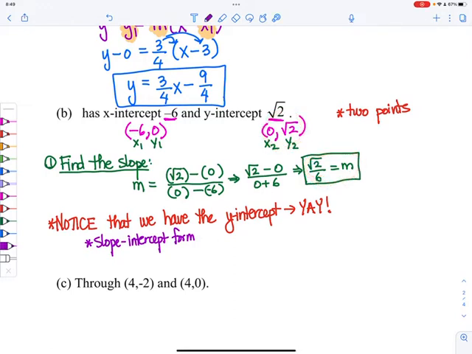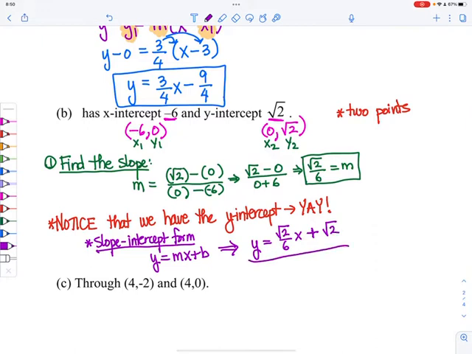So that's what I'm going to use. I've got y equals mx plus b. That's the slope-intercept form, but let's plug in what we've got. We'll have y equals square root 2 over 6 x plus the y-intercept, which is square root 2. There's our equation of that line that goes through those 2 points.